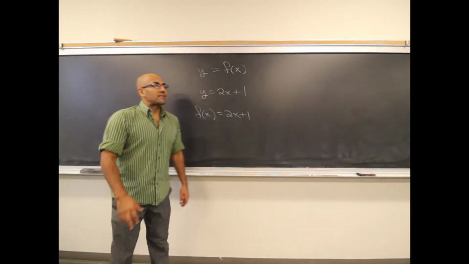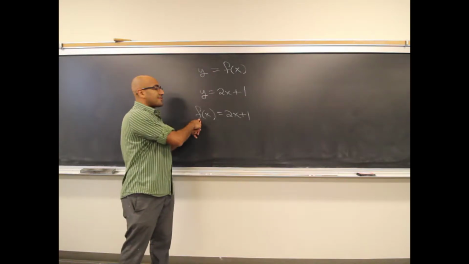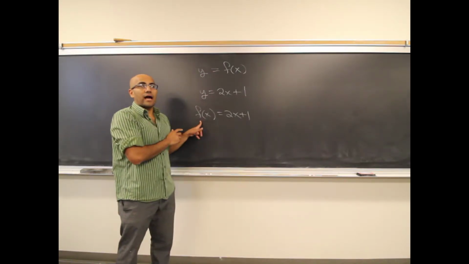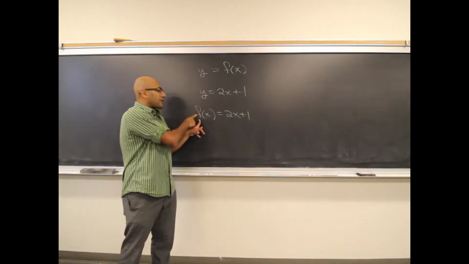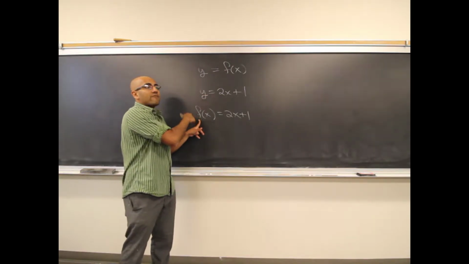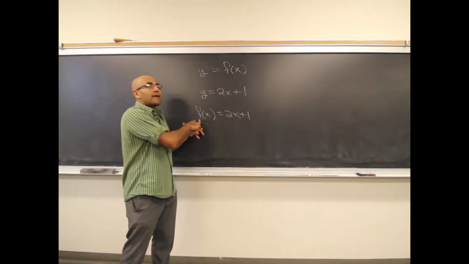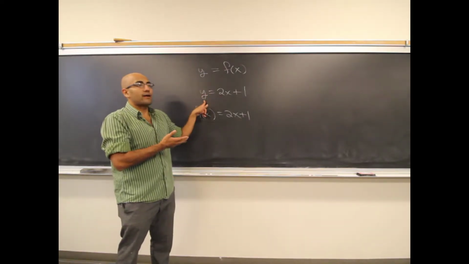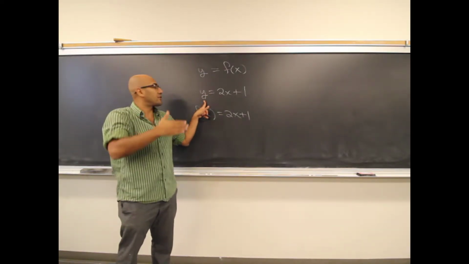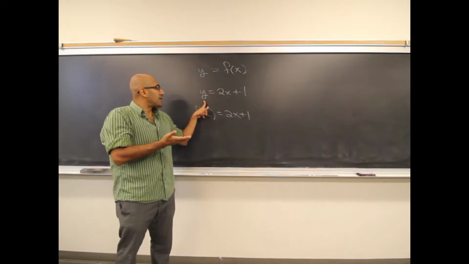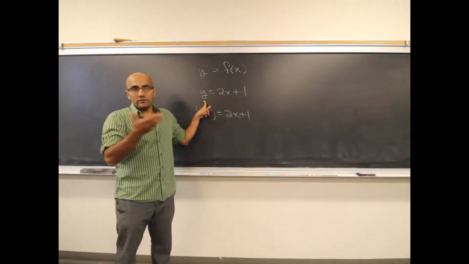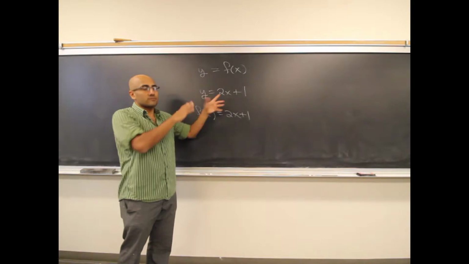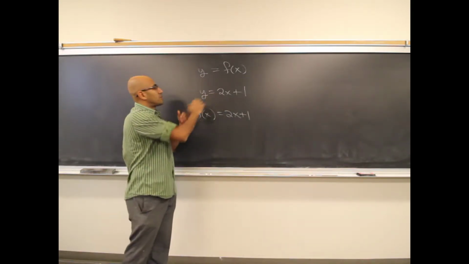The notation f of x does not mean that we multiply the f times the x. That's the most common mistake. The f is not a variable. It is not a letter representing a number, like a variable x or y is, an unknown value represented by a letter, where usually our goal is to evaluate it at a certain point or find characteristics about the relationship between the two.